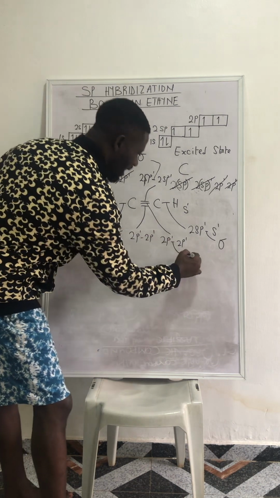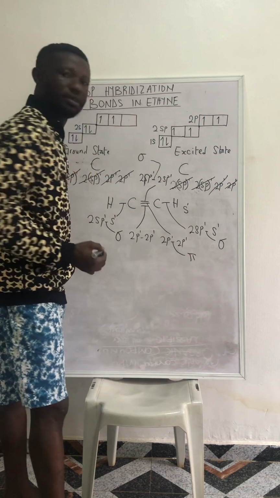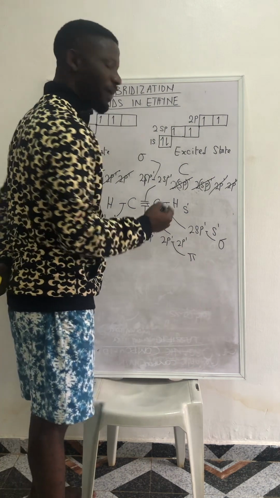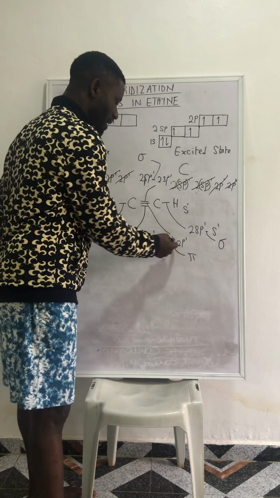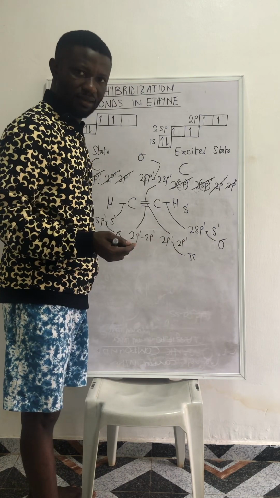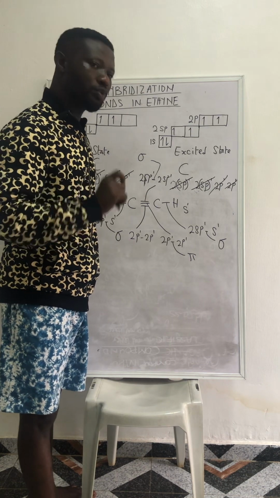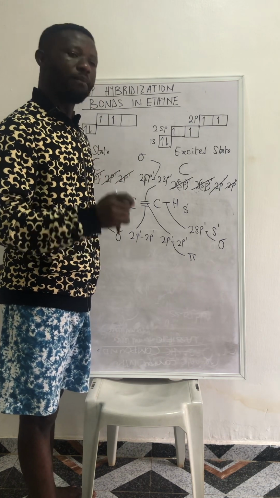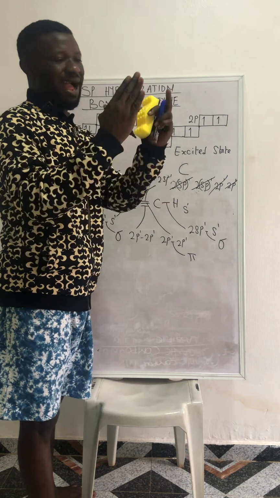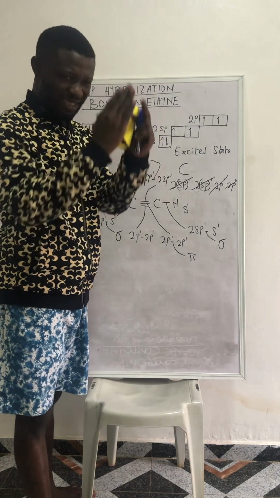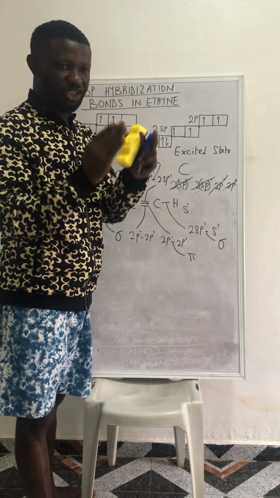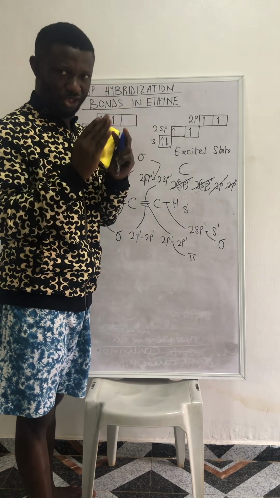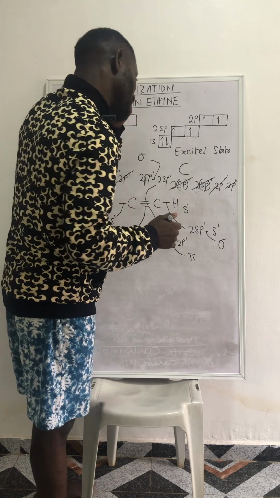The orbital here is known as pi bond. Why? Pi bond is always formed by p and p orbitals, but those p and p orbitals must be arranged vertically to each other. They must be arranged vertically to each other. I explained that in my previous video.